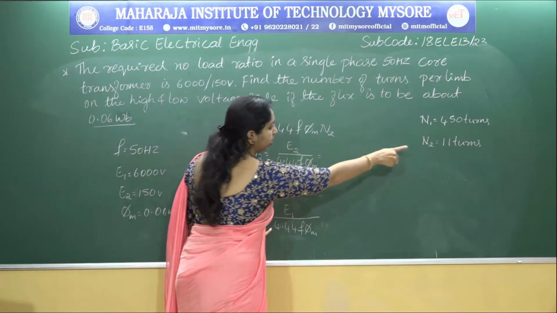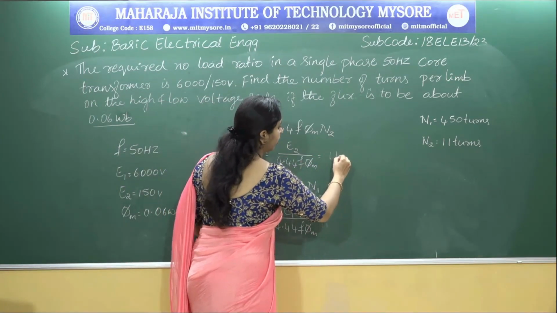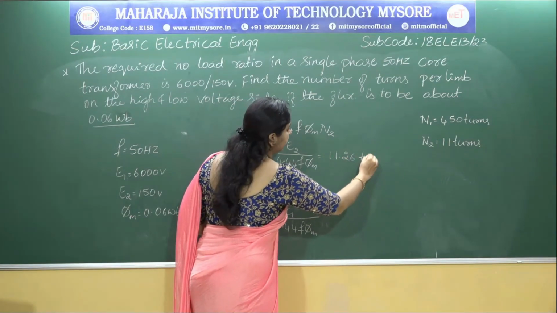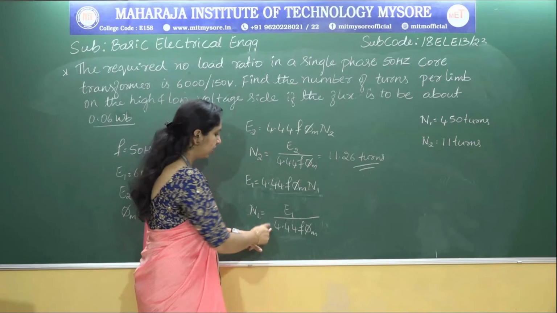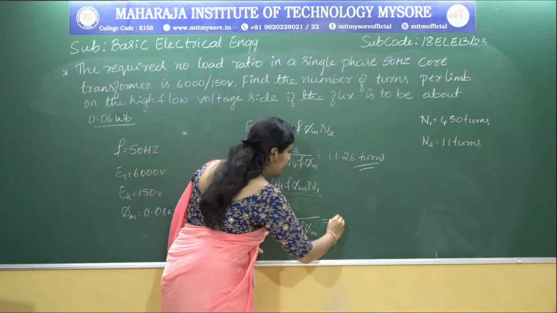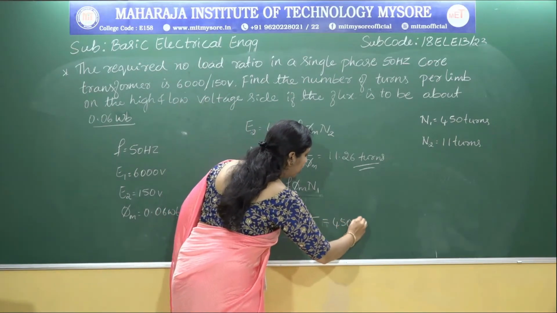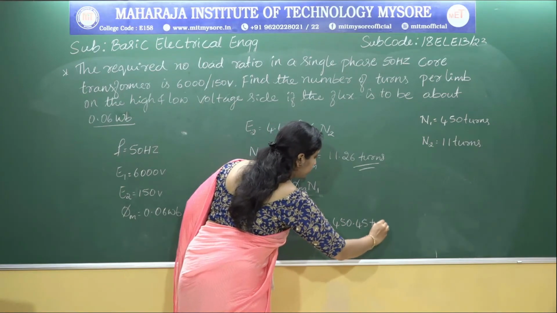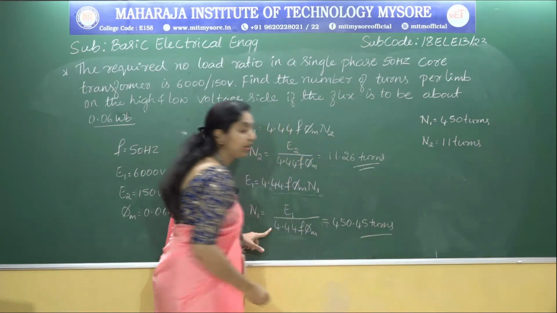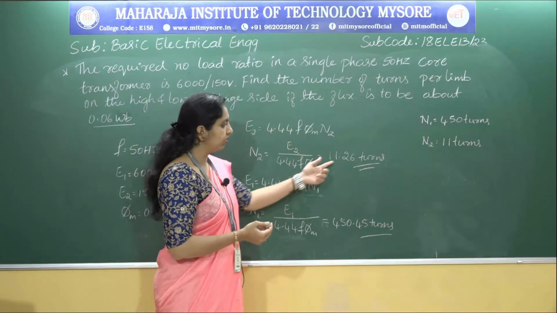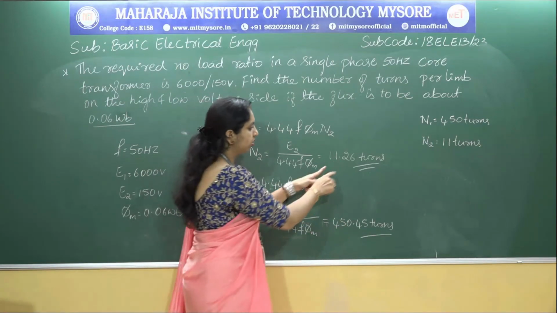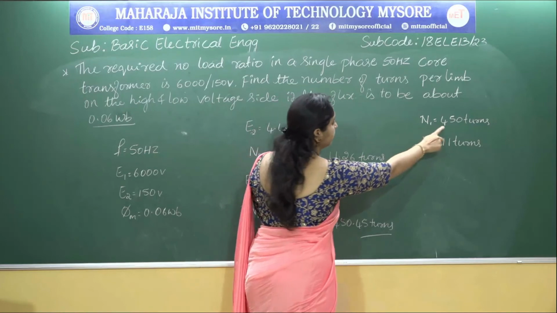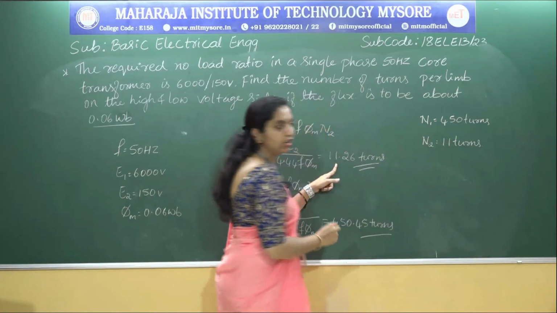So we get N2 as 11.26 turns, and N1 as 450.45 turns. Since we cannot keep the number of turns as a fraction, we have expressed N1 as 450 turns and N2 as 11 turns.